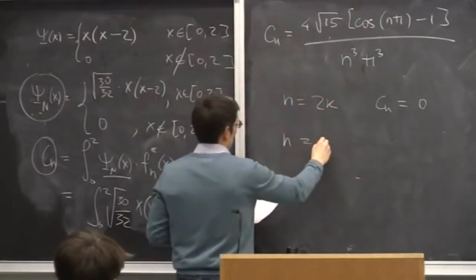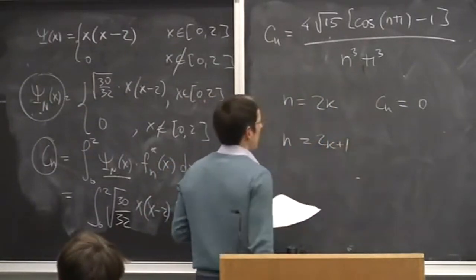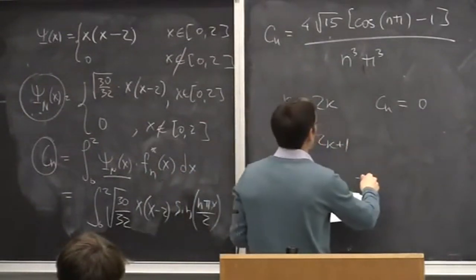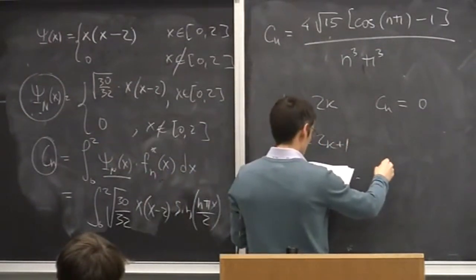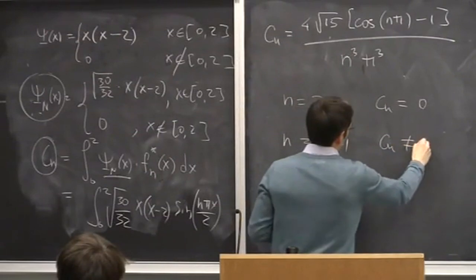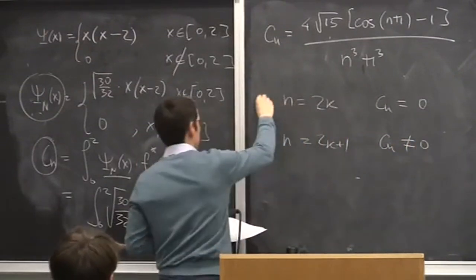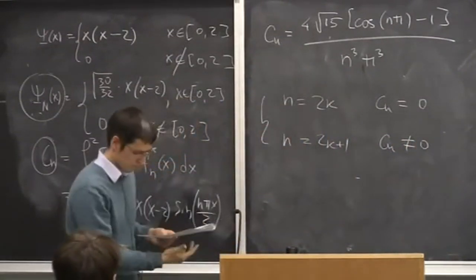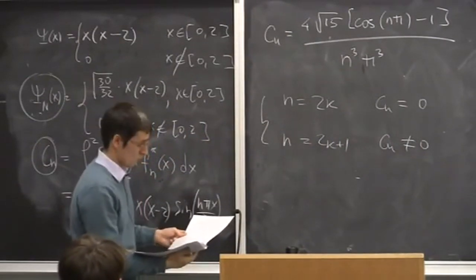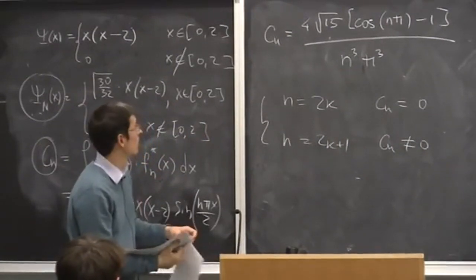If n is odd, then the cosine will not be equal to 1, and the coefficients will be non-zero. So that's something extra you can figure out knowing what the cosine is.